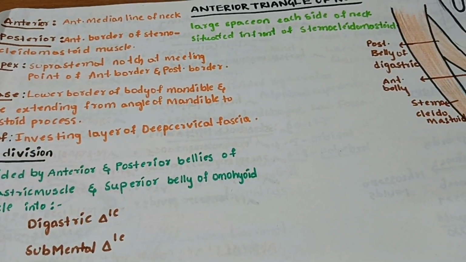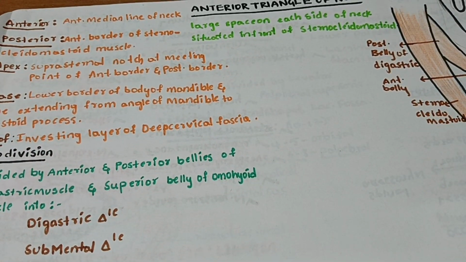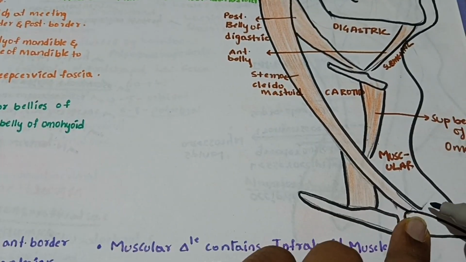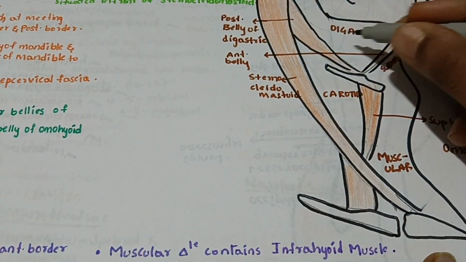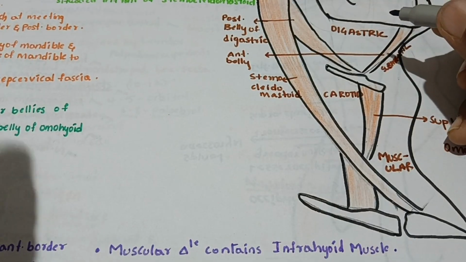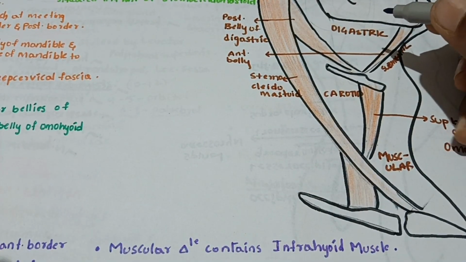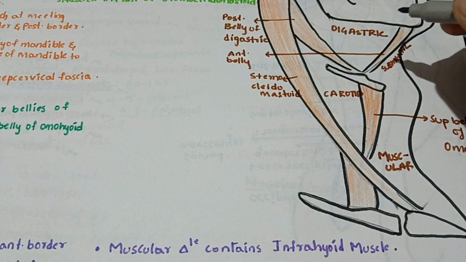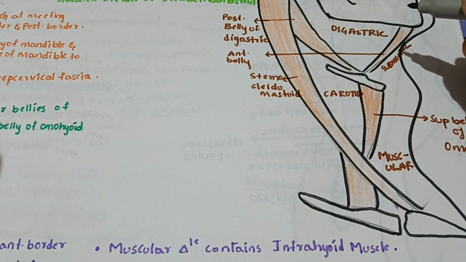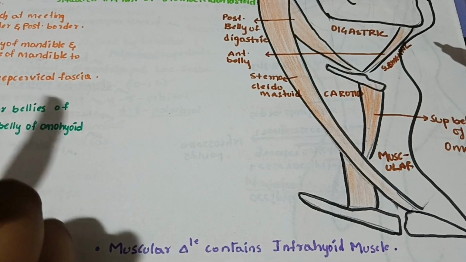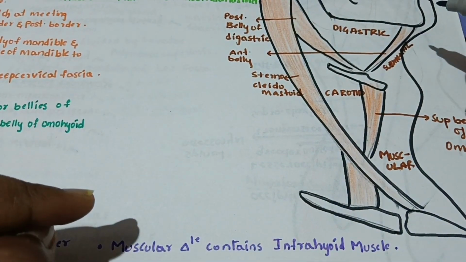The base is formed by the lower border of the body of the mandible. See, here the apex is downwards and the base is upward. In the posterior triangle, the base is downwards, formed by the superior surface of the middle one third of the clavicle, and the apex is formed by the meeting point of the posterior border of the sternocleidomastoid and the anterior border of trapezius at the mastoid process.